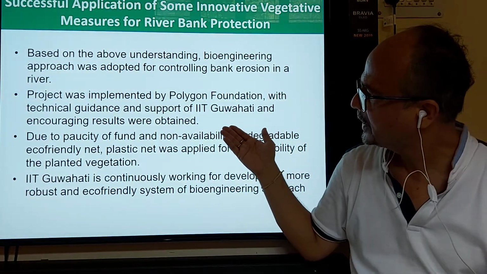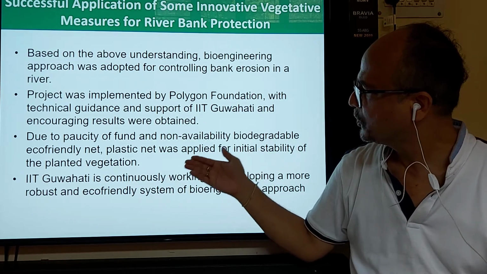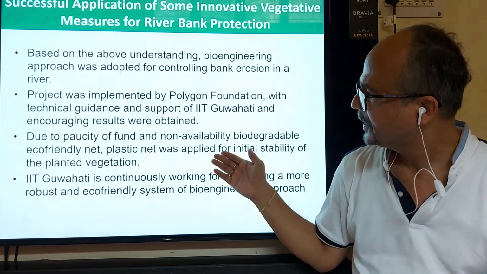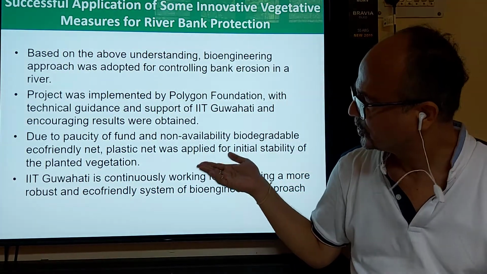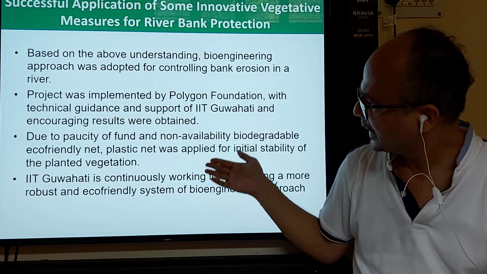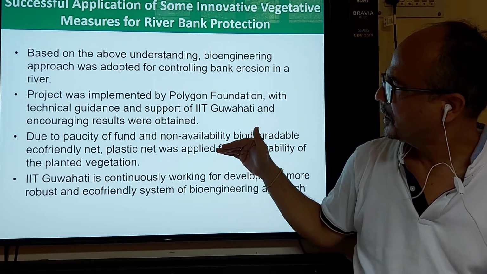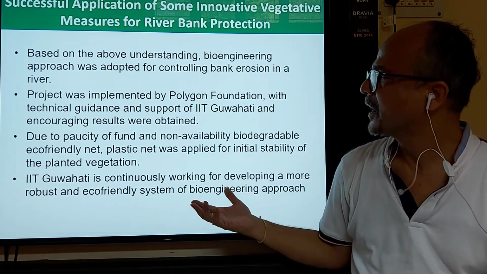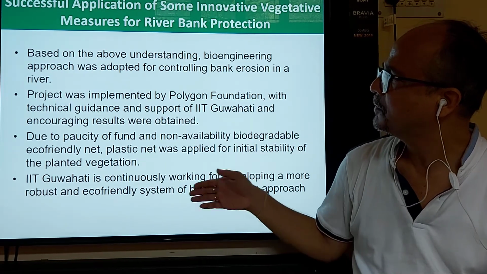Due to paucity of funds, we had to use plastic grid to replace the geotextile or geogrid. After that we are also working on that line to see how we can improve this system. I'll come to that later.